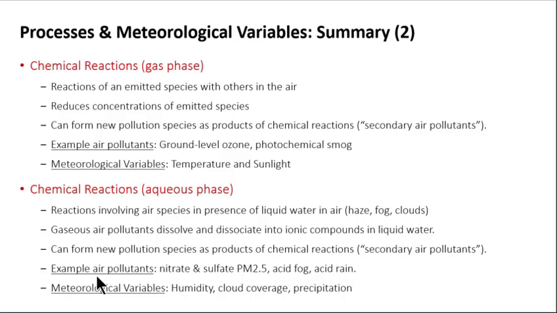Examples of air pollutants formed in this way are the nitrate and sulfate components of PM2.5, which we will cover in a later lecture, acid fog, and acid rain. Meteorological variables that enhance aqueous phase chemical reactions are higher humidity, cloud coverage, and precipitation.